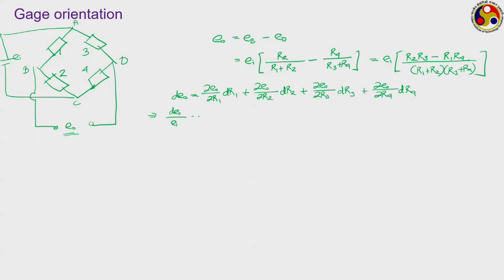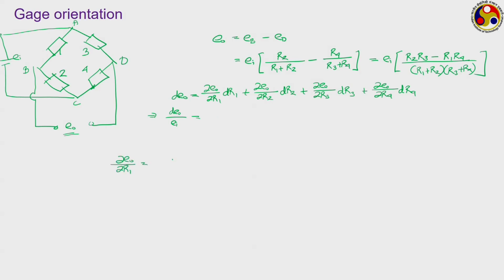Make use of the previous line, EI being a constant, I am taking it on the left hand side. So, if we make use of the previous line, what is going to be the differentiation? First we have to differentiate this expression with respect to R1. If we differentiate with respect to R1, let us calculate the first part, dE naught by dR1.